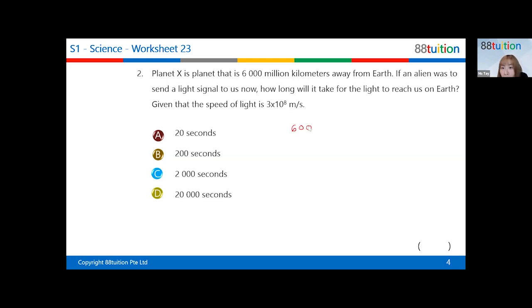How many zeros do you put in? 1, 2, 3, 9 zeros, is it? Then divide by 300,000. Is it 300,000?